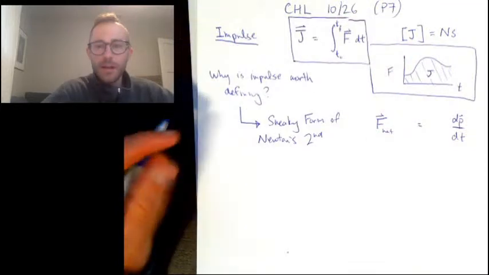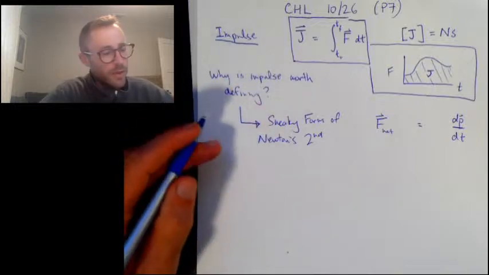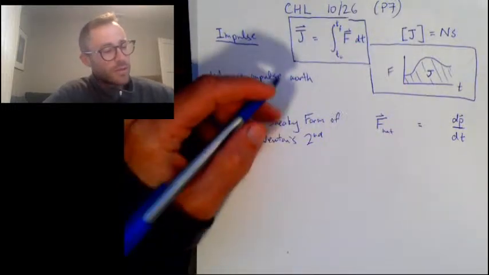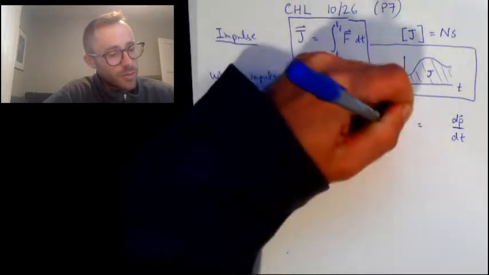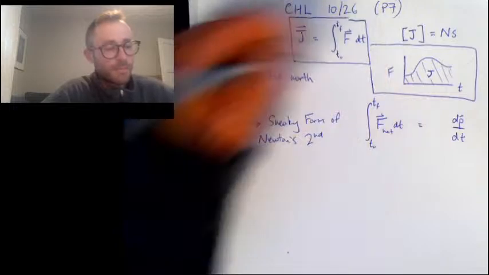That is the sneaky form of Newton's second law. So to understand why impulse is worth defining, let's integrate the left-hand side and the right-hand side with respect to time from t initial to t final.